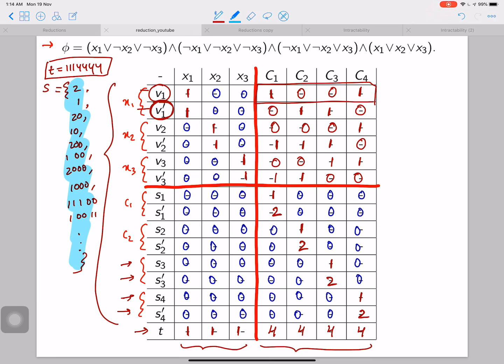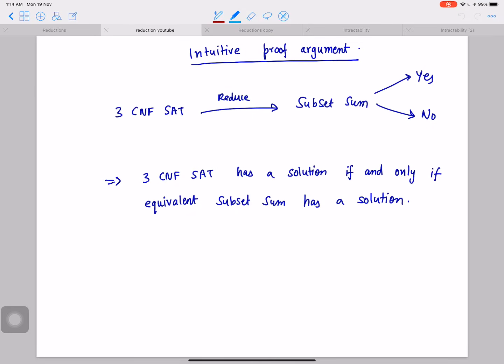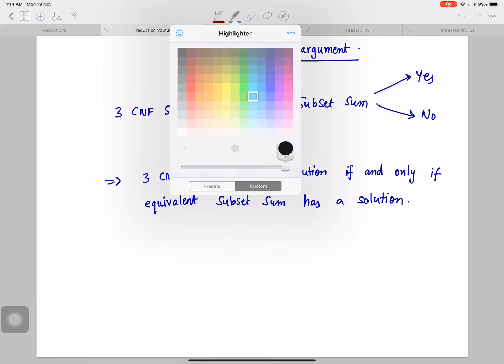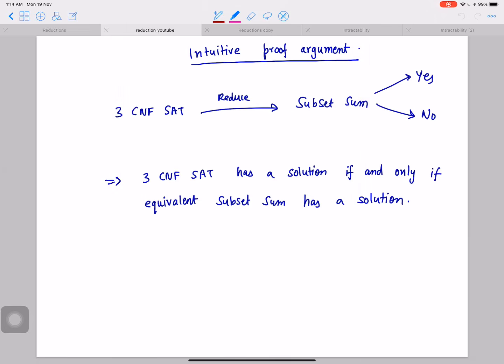So I've done a weird reduction here, but this might not be true. We need to verify if the reduction is a right reduction. For a reduction to be valid, we need to satisfy this constraint: if the subset sum has a solution, then the 3 CNF set must have a solution, and if it doesn't have a solution, then this cannot have the solution, no matter what.